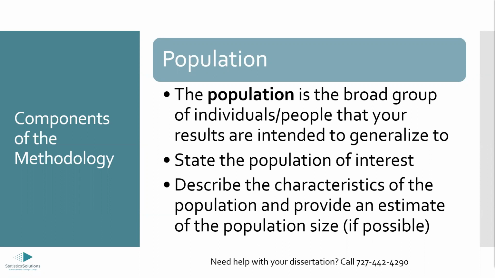You might find that on some websites such as the Bureau of Labor Statistics, or a similar source that gives estimates for the number of people in a particular workforce, for instance. That kind of information, depending on what your population is, may or may not be available, but if it is, you want to try to provide those estimates and characteristics if you can.